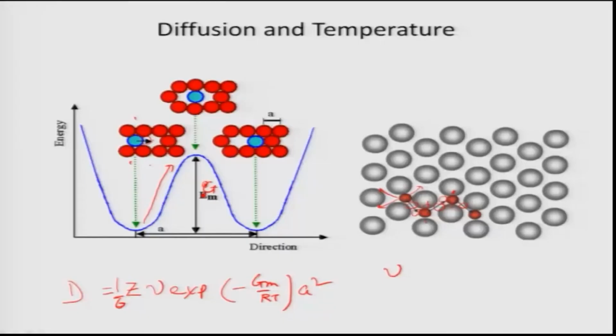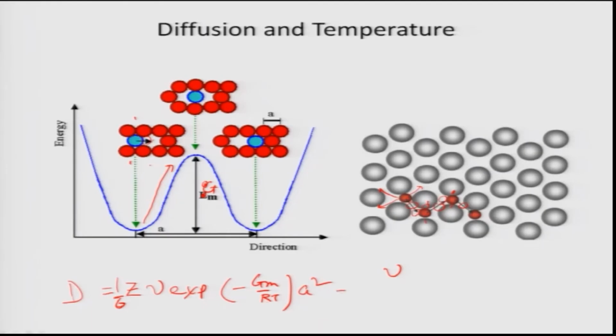So there are 6 different directions it can jump: plus x, minus x, plus y, minus y, plus z, minus z. That is why it is multiplied by 1 by 6, and a is the distance. The diffusivity has to have units of distance squared, that is why a square is put there, and nu is frequency, per second or per hertz. So the exponential term has no units.